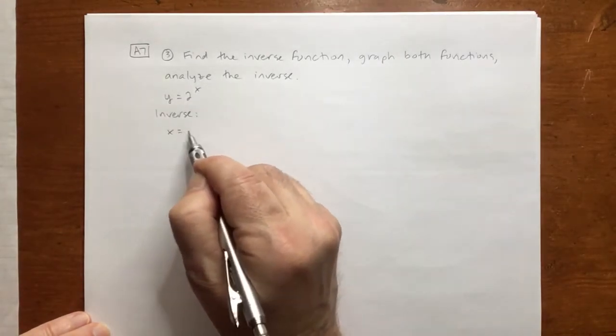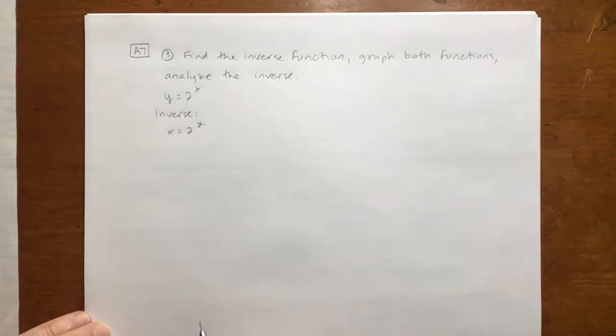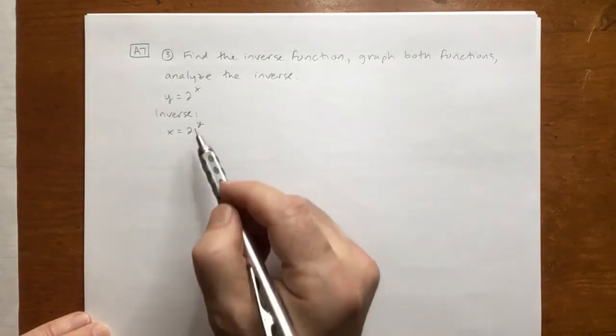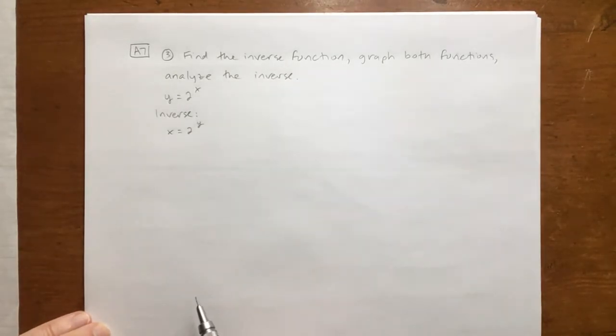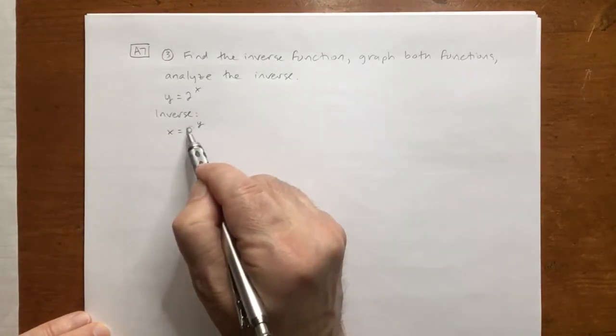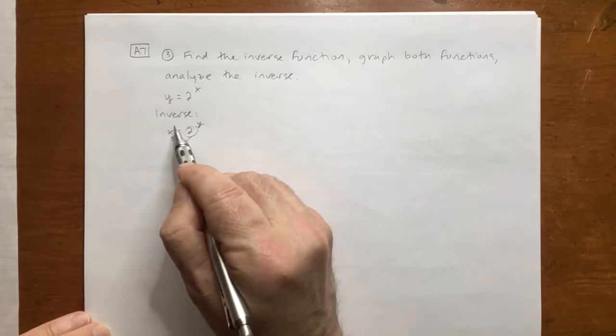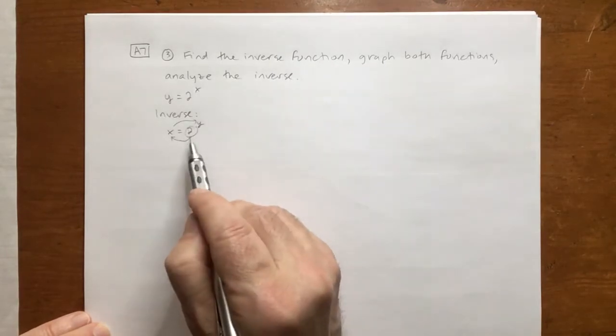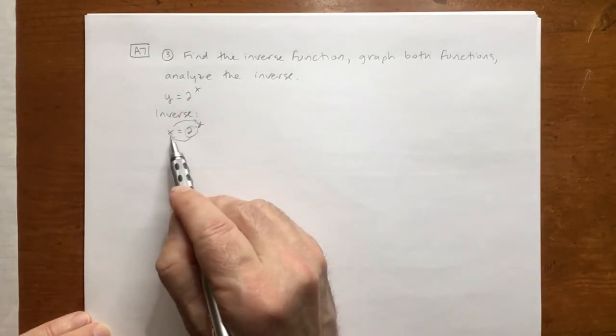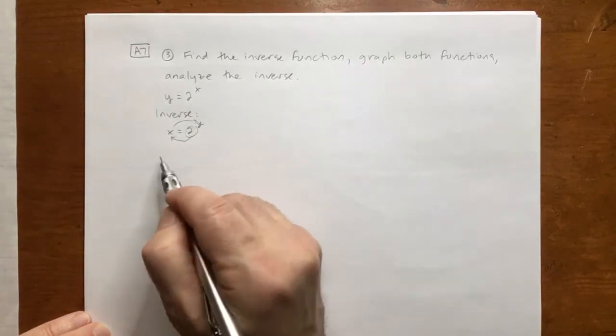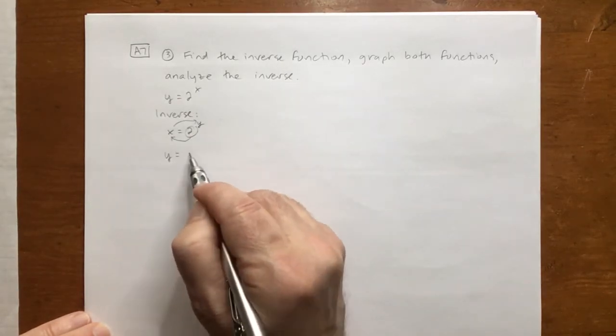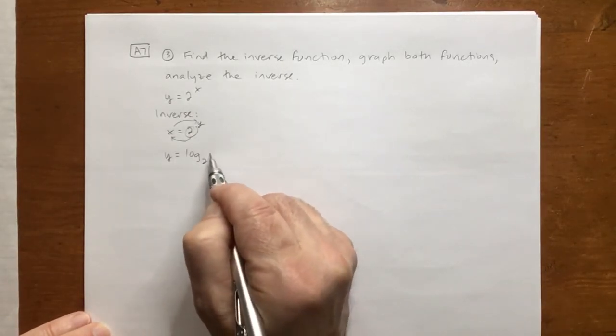So x equals 2 to the y power now. Clearly I need some method of solving for y. Well, it's going to be a logarithm. So I'll circle the base, go across, and come back, and I'll get log base 2 of x is y. So I'm going to write it backwards. y equals log base 2 of x.